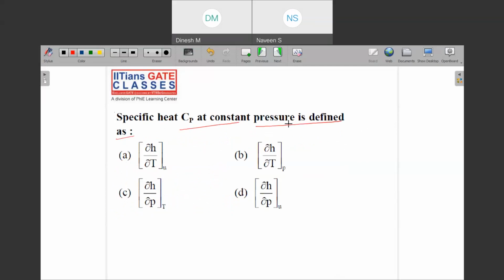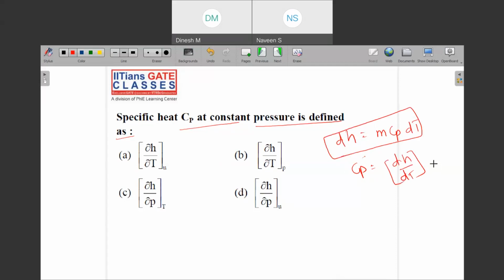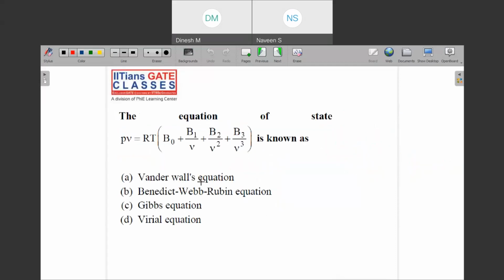We know that dH is mCp dT. So what is Cp? Cp is nothing but dH upon dT at constant pressure, right? This is known as what? Just now we have seen this is isobaric.